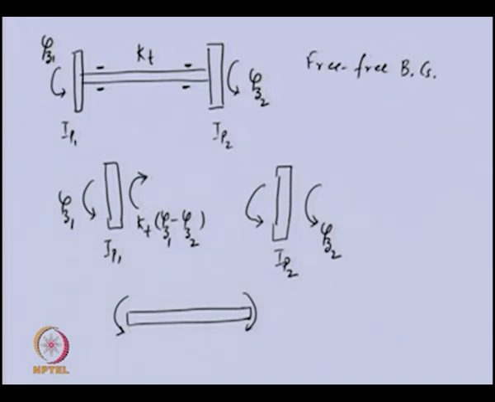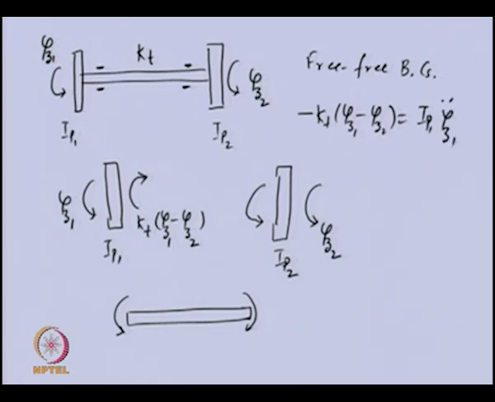Now, we have the free body diagrams of disc 1 and 2, and from this we can obtain the equation of motion by equating the external torque to the inertia term. So, for the first disc we can write KT times (phi z1 minus phi z2), this is the external torque acting on the disc, which should be equal to the inertia of the first disc.